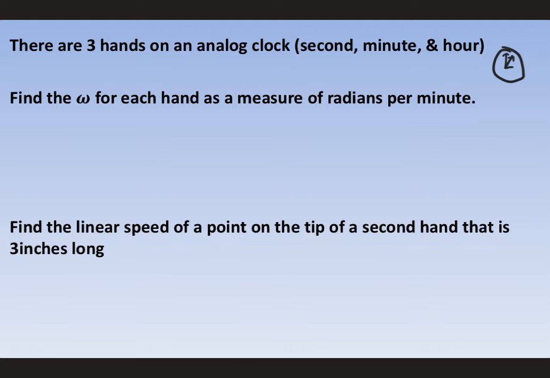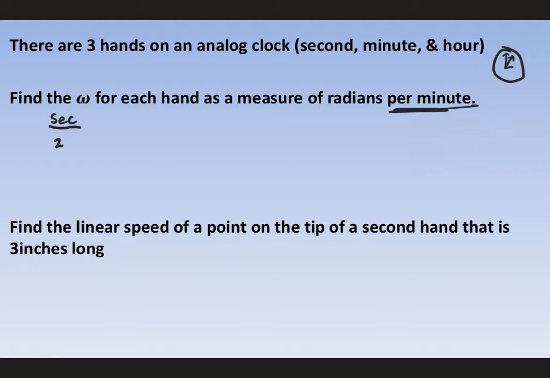So we're going to do this in terms of radians per minute. So the way we'll kind of generalize this is we're going to talk about one rotation, and then we'll talk about how long it takes it to do that in terms of minutes, how many minutes it takes to do a full rotation. All right, so we'll start with the second hand. The second hand does one rotation.